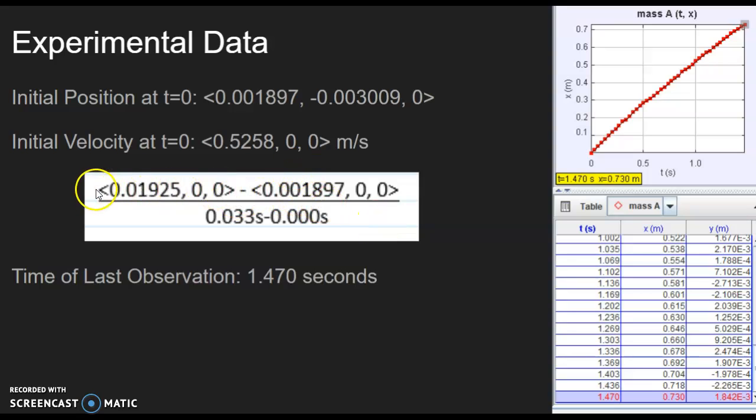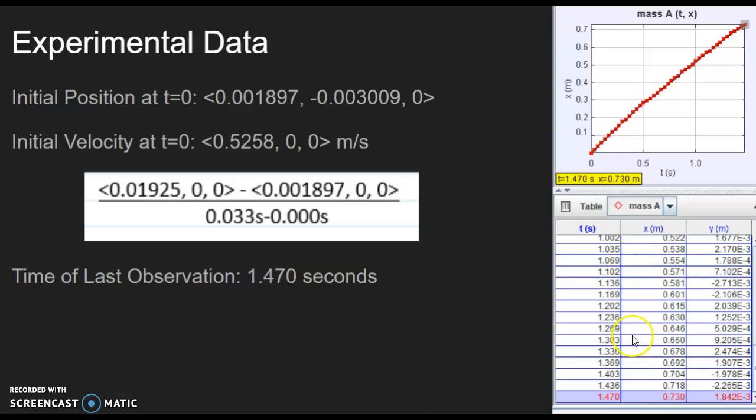Now I took the initial position right here and subtracted it by the position immediately after it, so it gave the most accurate initial velocity. And the whole observation period lasted only 1.47 seconds.